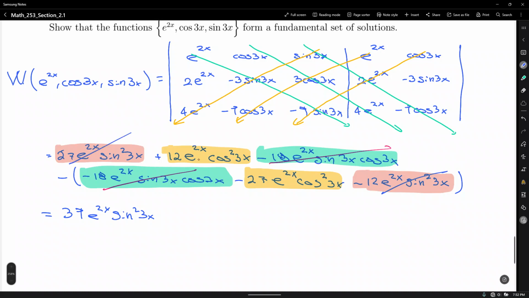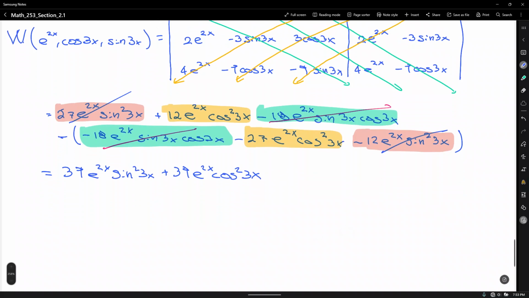And finally, let's combine the cosine squares. Same actually, negative 27 with a negative outside becomes a positive 27 plus 12. That's another 39 e to the 2x cosine squared 3x. Well, let's keep simplifying this.